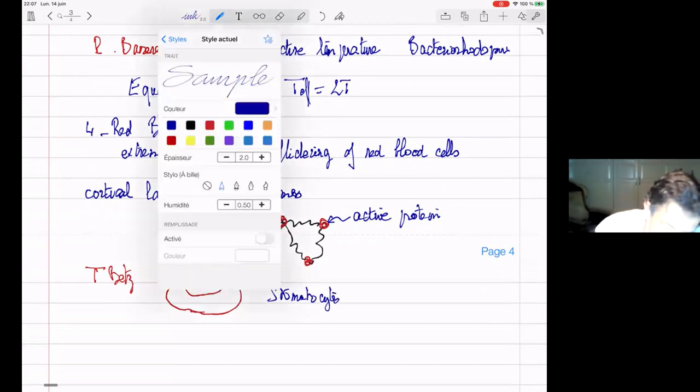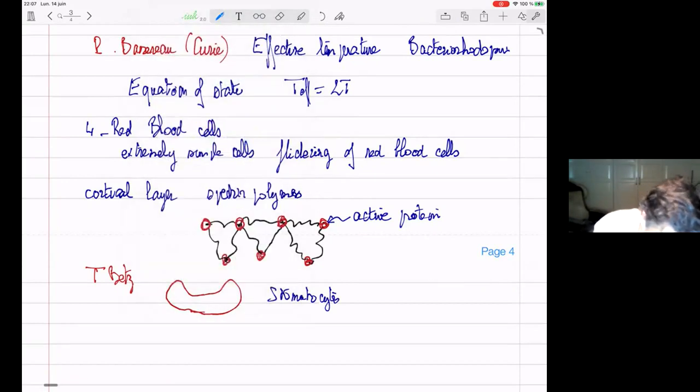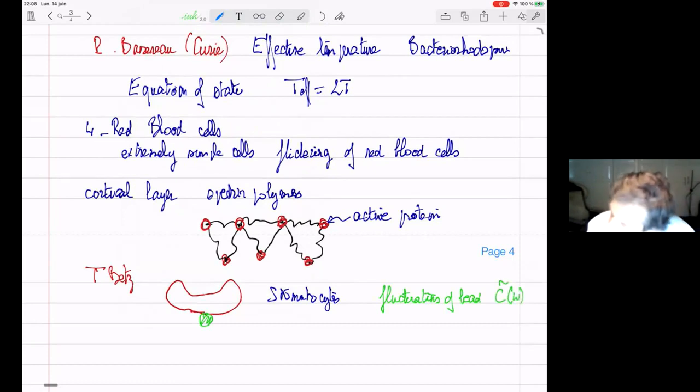And what Timo did is that he took a small bead and he attached it here on the surface of the red blood cell. And then he measures two things. He measures the fluctuations of the position of the bead, and what he measures is a power spectrum. Let me call that C of omega at a given frequency. And he also measures the response function.